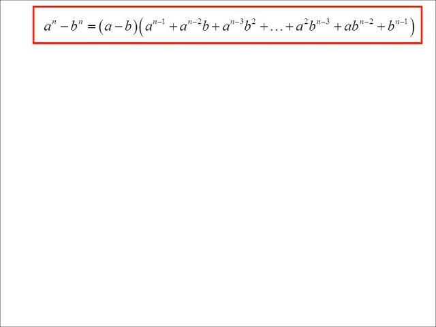Raise a negative to an odd power, it's going to be negative. And so the minus minus becomes plus.